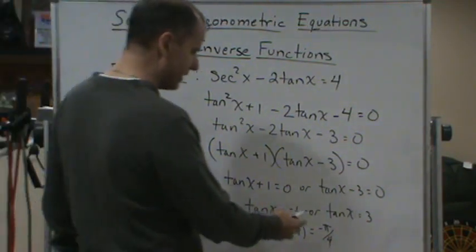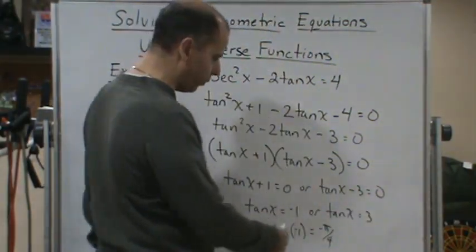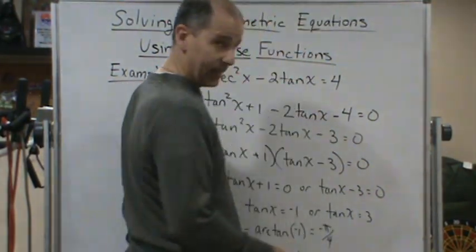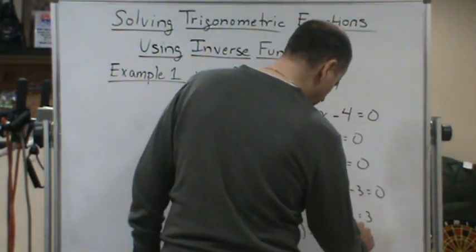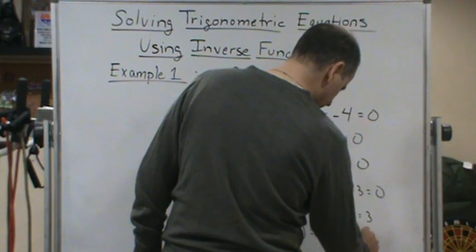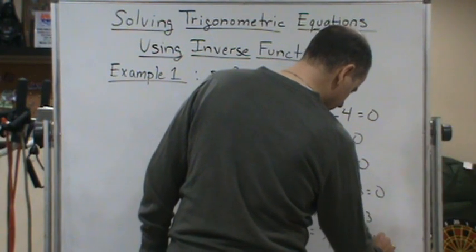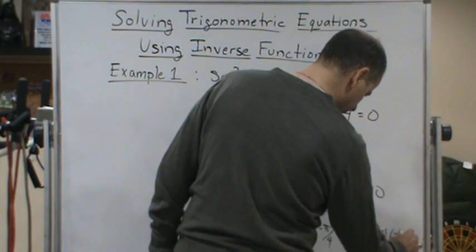Now as far as 3, this is not one that we know, right? So we don't know what this one is without the calculator. So what we do know is x is equal to the inverse tangent or arctangent of 3.